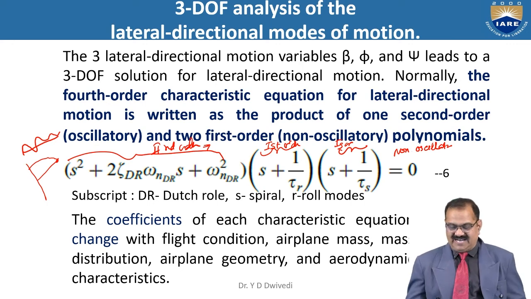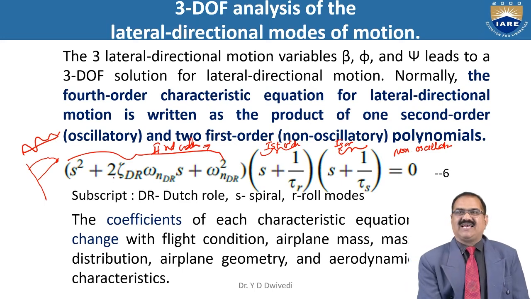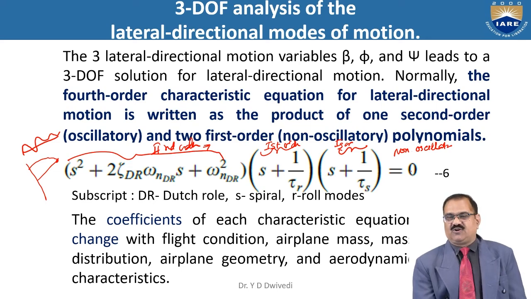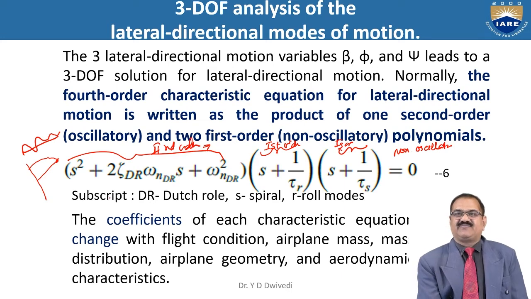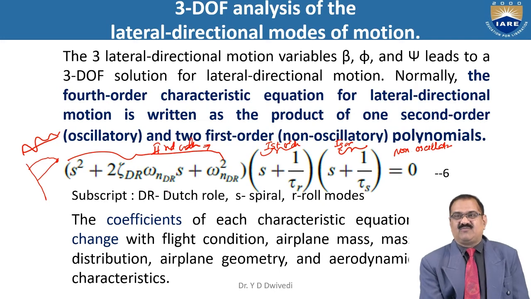So here you can see s square plus 2 zeta dr omega dr s plus omega square dr, times s plus 1 by tau r, times s plus 1 by tau s is equal to 0. Here dr means Dutch roll, and this Dutch roll is an oscillatory motion.